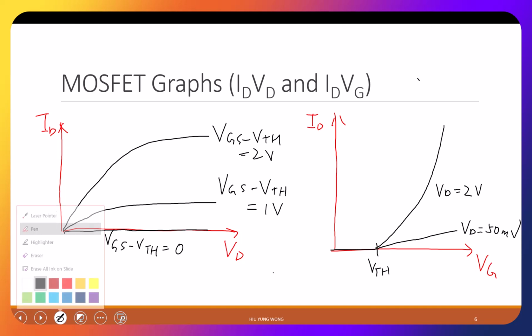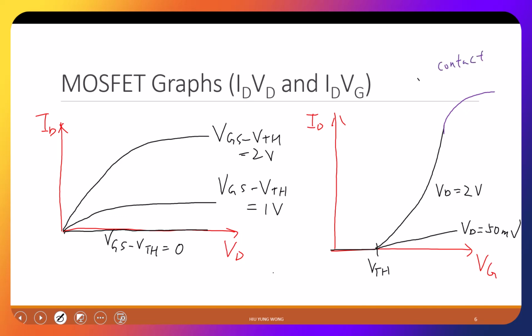I just want to tell you that in reality, that's not what you see. If you keep increasing VG, you actually will see something like this. This one we will study later. This is because of the contact resistance. Now you have a very large current, and this current needs to pass through the contact of your transistor.